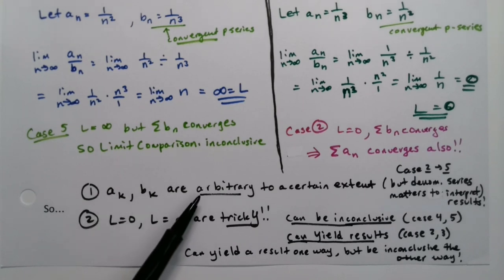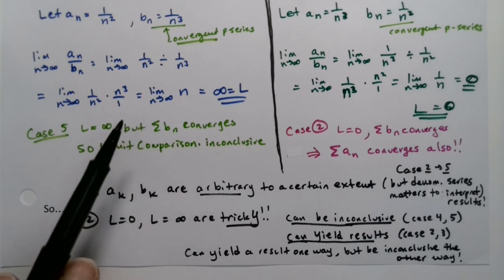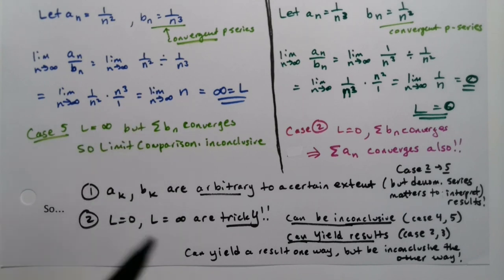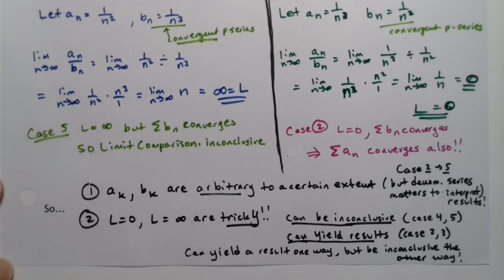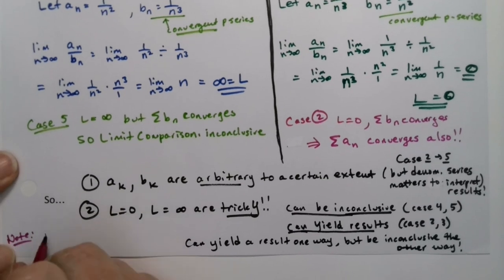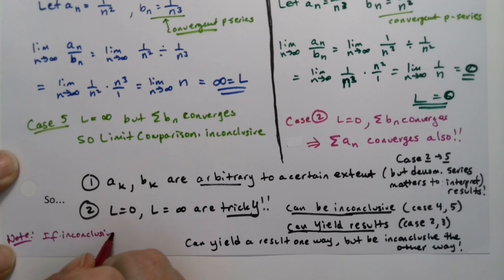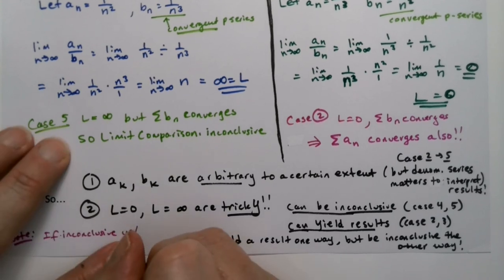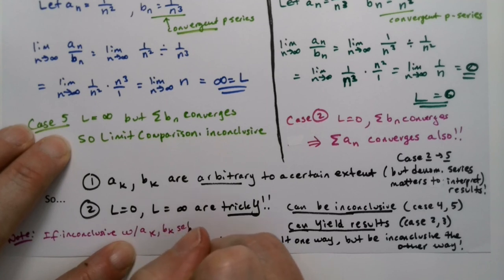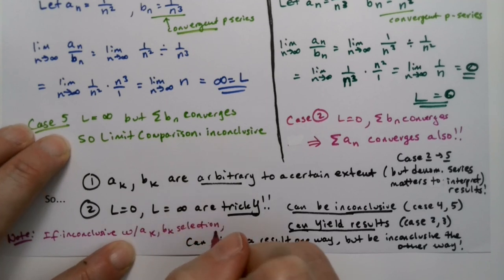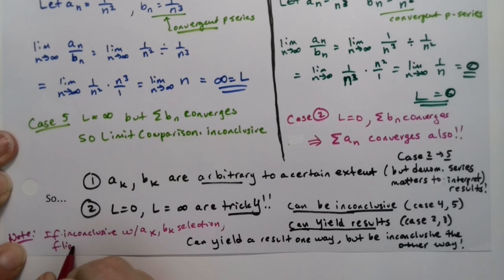So even though I say it's arbitrary, if it's inconclusive one way, then you try the other way. So if it's inconclusive, I'll make a note. If inconclusive with a sub k, b sub k selection, flip them and try again.